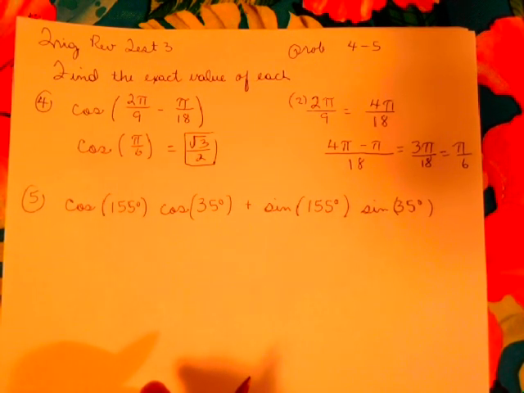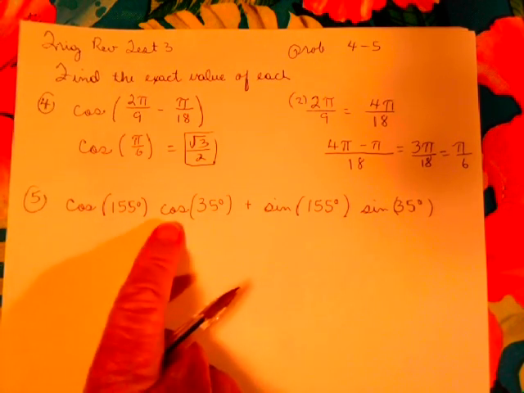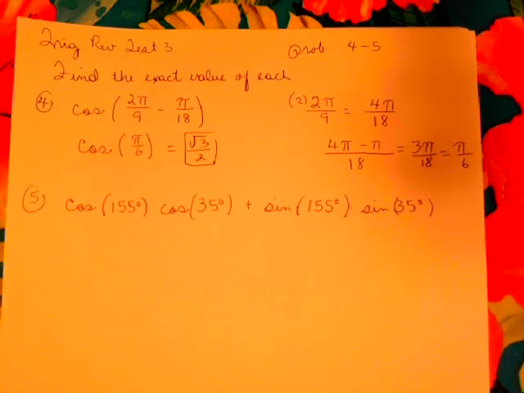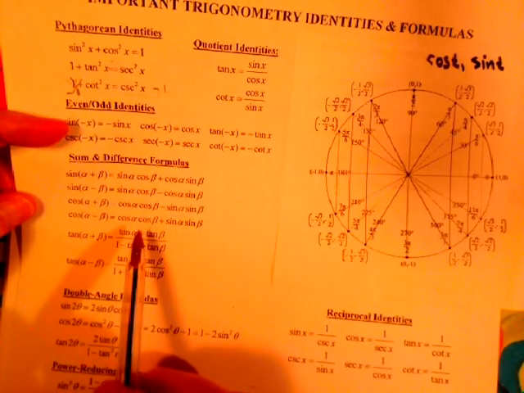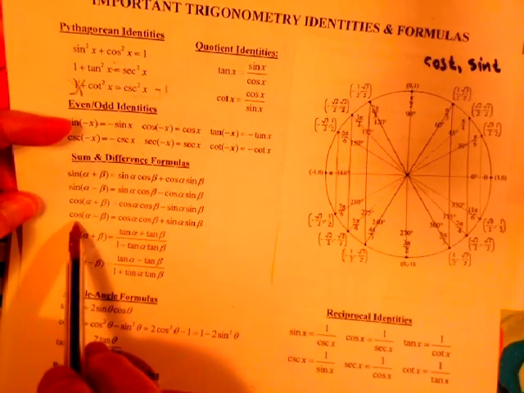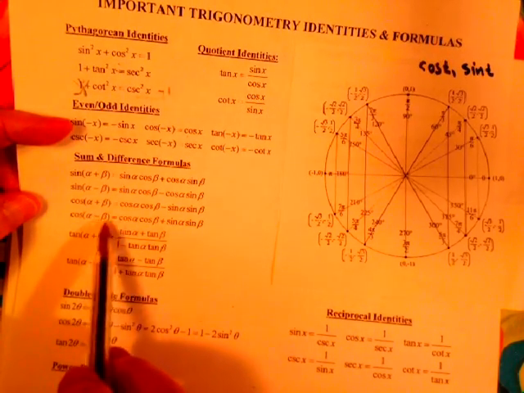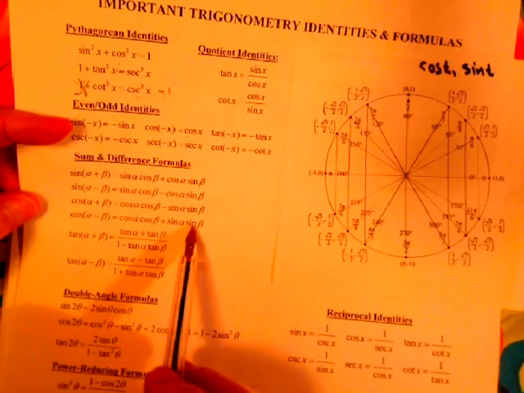Look at your identity sheet. Look for an identity that's cosine, cosine plus sine, sine. Notice that cosine of alpha minus beta is cosine, cosine plus sine, sine.